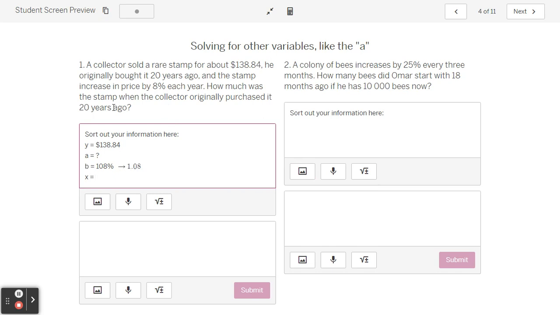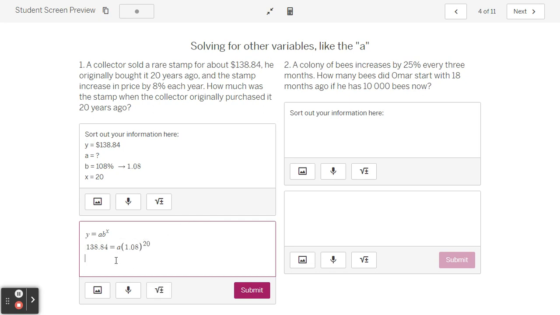And in this case, the years we have is 20. Now, let me rewrite the equation with all of the information that I have. y is equal to a b to the power x. 138.84 is equal to a times 1.08 all to the power of 20.